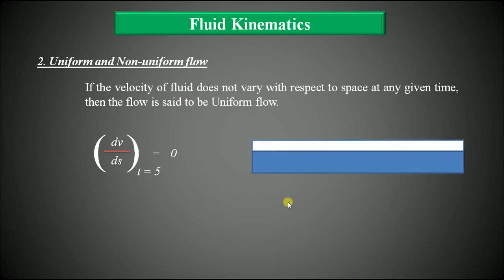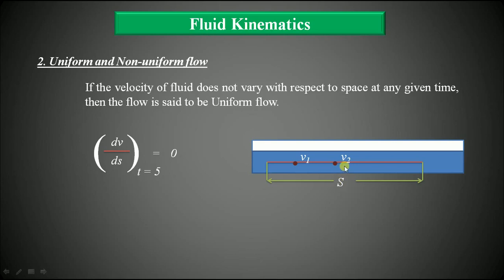So again, let us have a look at the diagram to understand thoroughly about it. So in this flow field, I'm considering a particular space of length s. So this space I'm considering in between the time 0 to maybe 10 seconds. So with respect to this space, if you consider any 2 points in the flow field, the variation between these two velocity values with respect to space should be equal to 0.